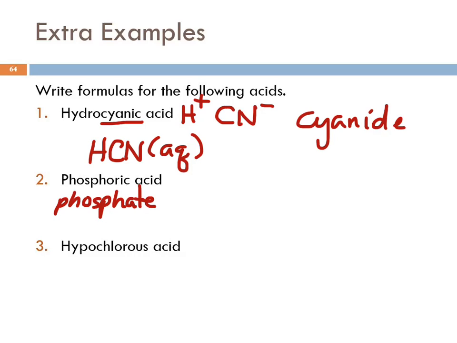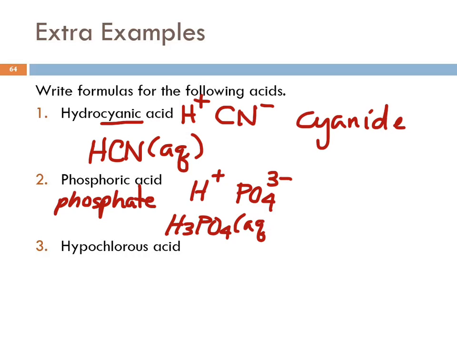We need the formula for phosphate. PO4, 3 minus, and then there will be hydrogens with that. So the formula for this one will be H3PO4, and then we really should put aq. I'm not going to try to trick you on the aq. I might accidentally. Questions?